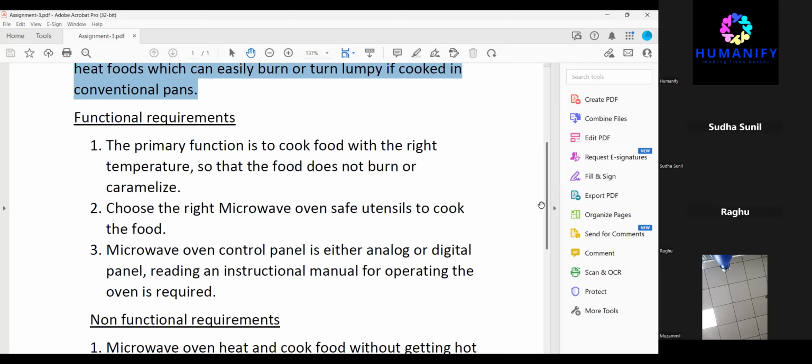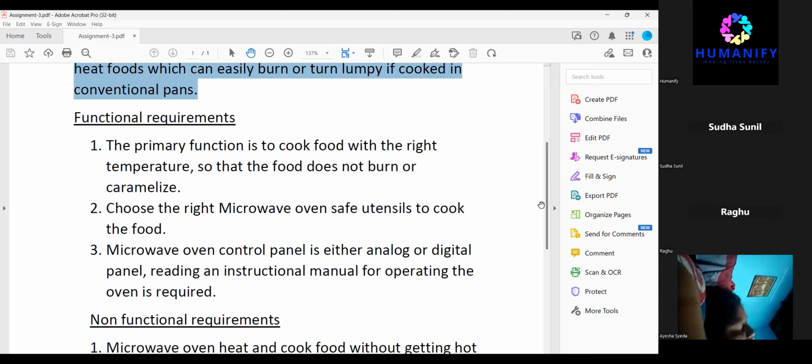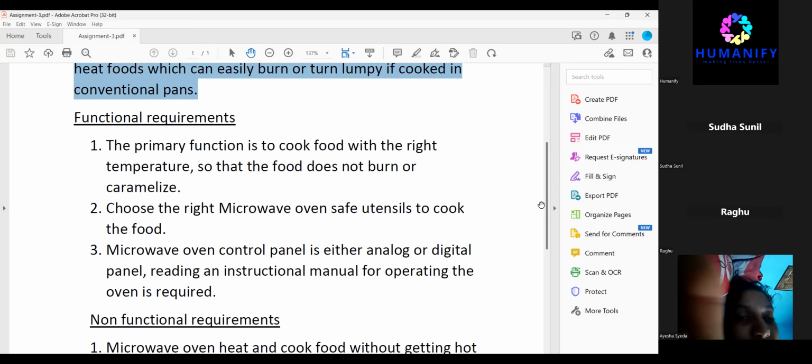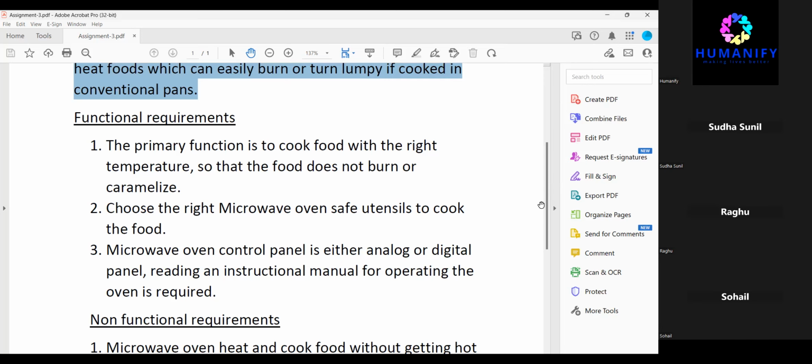Sohail, can you tell me any other functional requirements of the microwave? I presume you use a microwave at home. So what do you think the functional requirement of the microwave is?